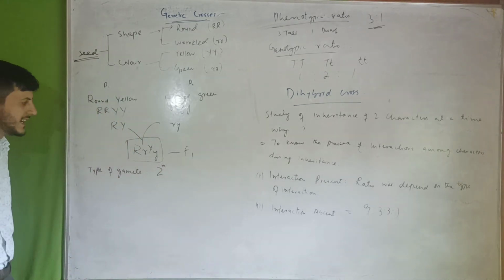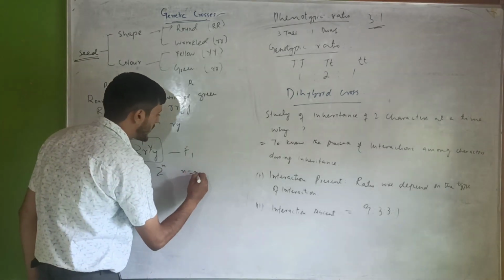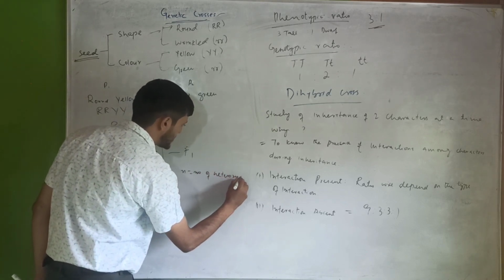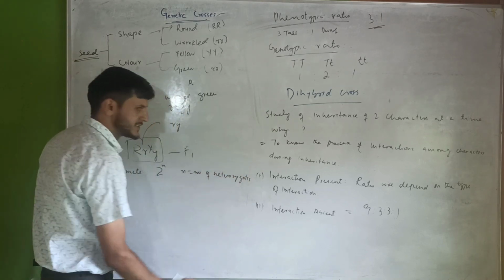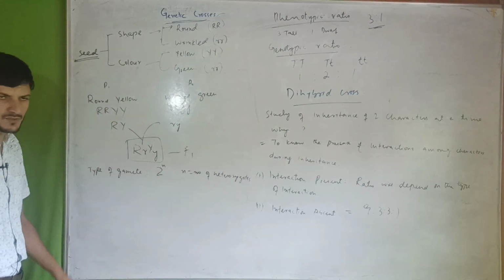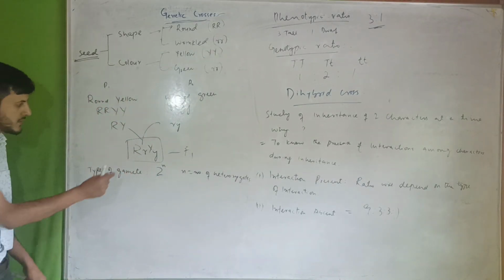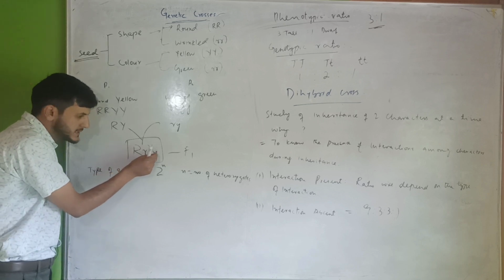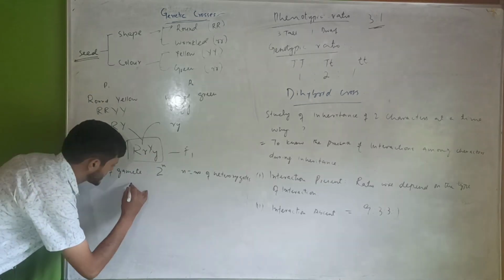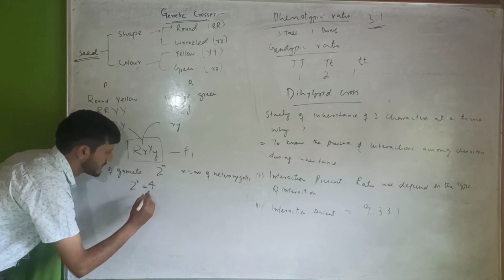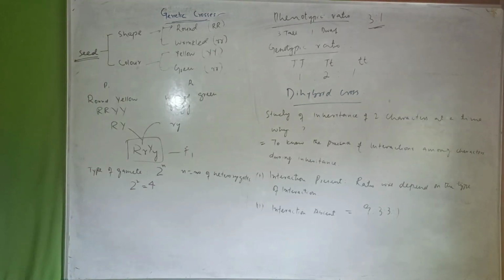What's n? N is the number of heterozygotes. In F1, how many heterozygotes are there? 2: capital R small r is 1, capital Y small y is 2. So types of gametes is 2 raised to power 2, that is 4. 4 different types of gametes are produced from the F1 hybrid.